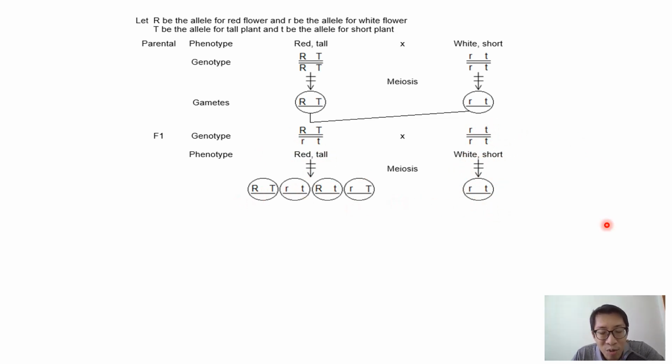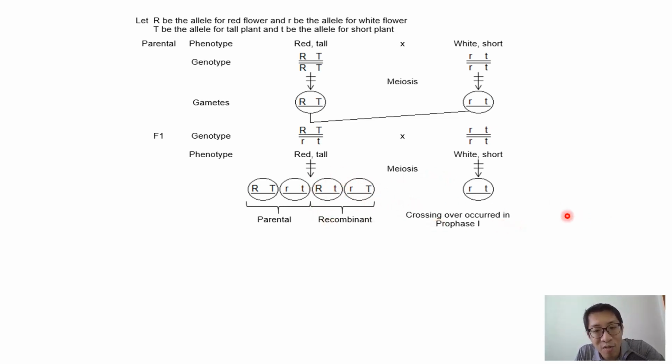But if you recall our first video, these 2 gametes with the original combination of alleles would be the parental gametes, and the 2 with the new combinations of alleles would be the recombinant gametes. Because we have the recombinant gametes, crossing over surely has occurred in prophase 1. If not, there wouldn't be the recombinant alleles, recombinant gametes.